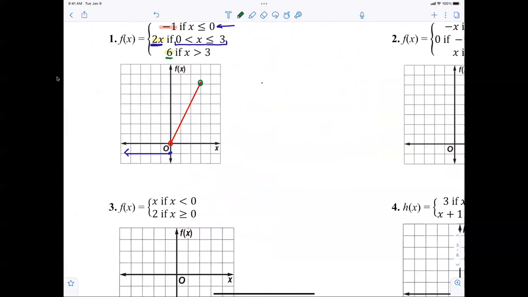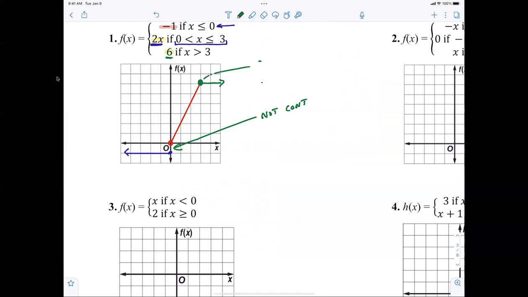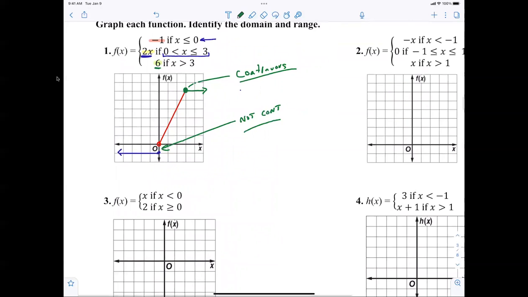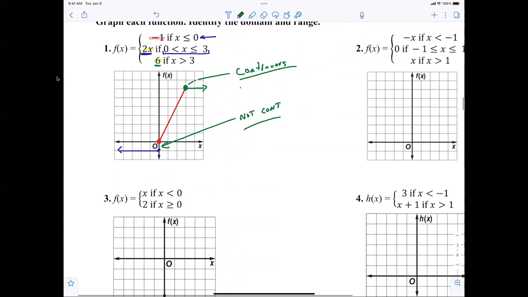So basically, when you take calculus, they will teach you that this is not continuous. Up here, it is continuous. So we say the function is not continuous at x equals 0, but continuous everywhere else. That's it. Following directions. That's all we're doing. So let's see about number 3 real quick.